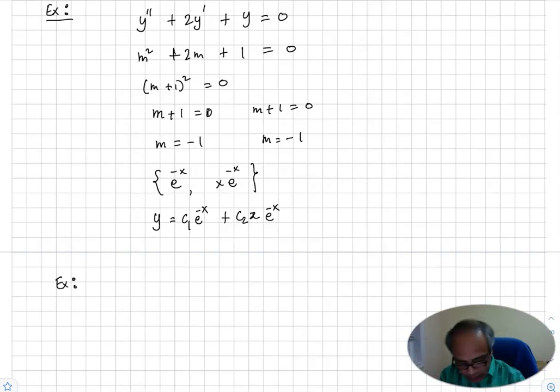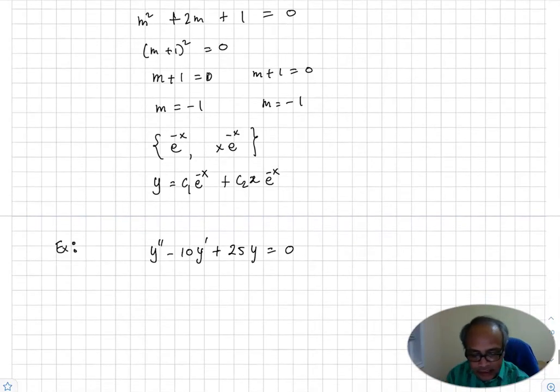In order to walk you through better, I am considering another example, and obviously you might have started thinking what would be the nature of the characteristic polynomial in this case.